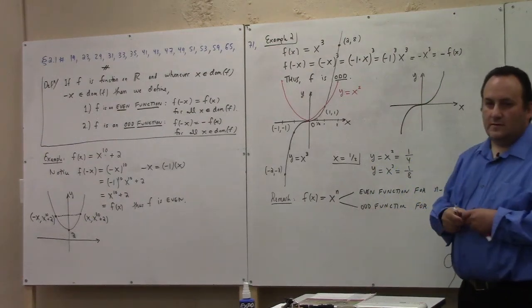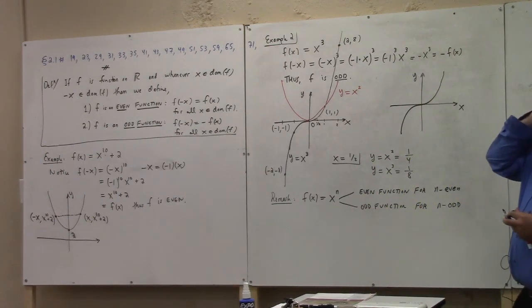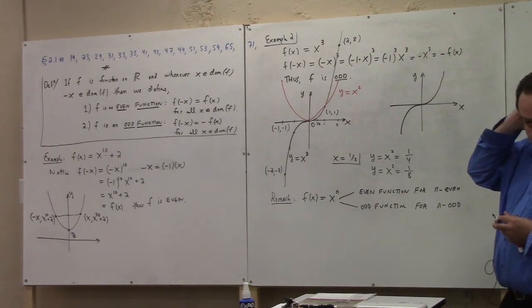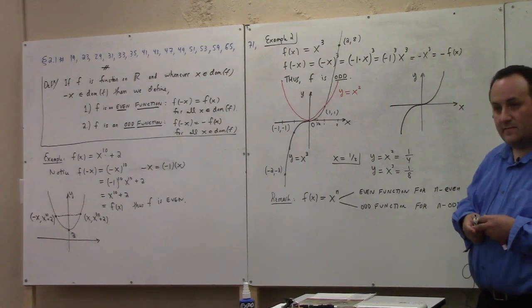So that actually tells you a lot about how to graph f of x equals x to the n for even and odd, right?